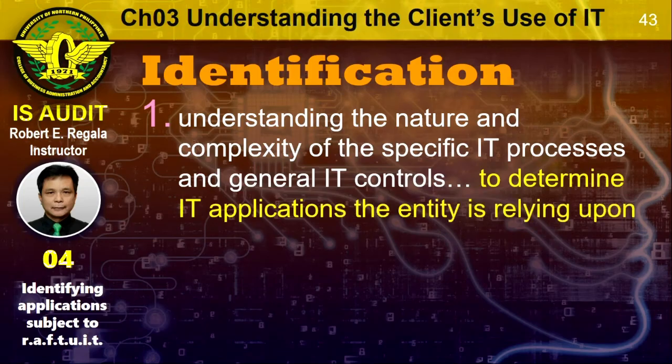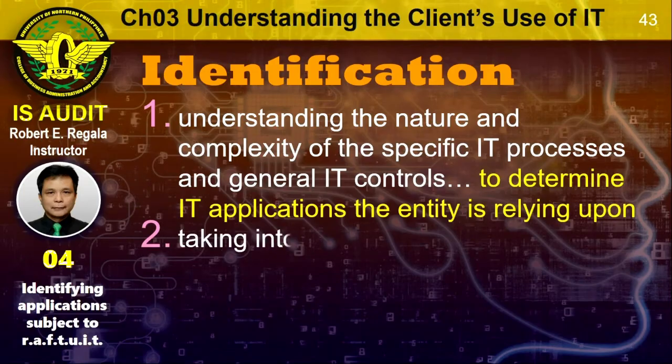For the IT applications relevant to the information system, understanding the nature and complexity of the specific IT processes and general IT controls that the entity has in place may assist the auditor in determining which IT applications the entity is relying upon to accurately process and maintain the integrity of information in the entity's information system. Such IT applications may be subject to risks arising from the use of IT.